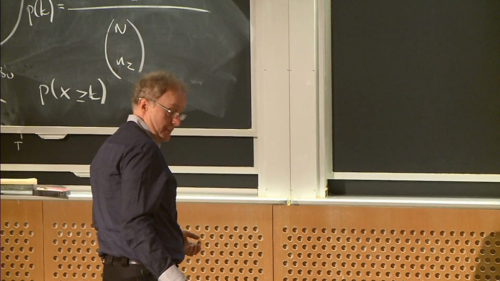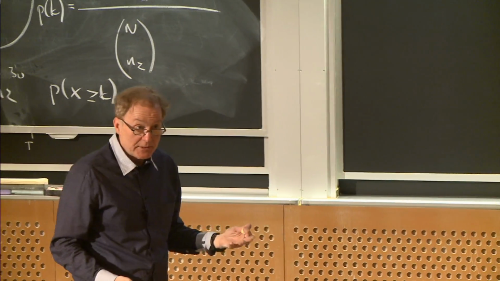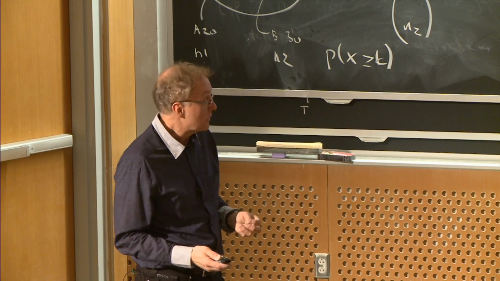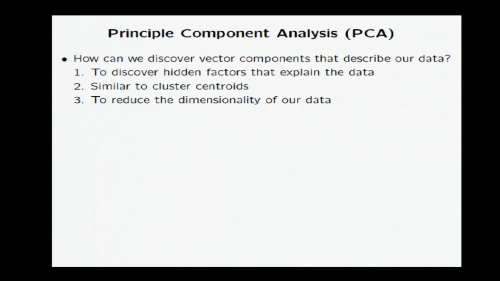The reason we need to look at multivariate Gaussians is that they help us understand what is going on with principal component analysis in a very straightforward way. And the reason that we want to use principal component analysis is that we're going to be able to reveal hidden factors and structures in our data, and they're also going to allow us to reduce the dimensionality of the data.